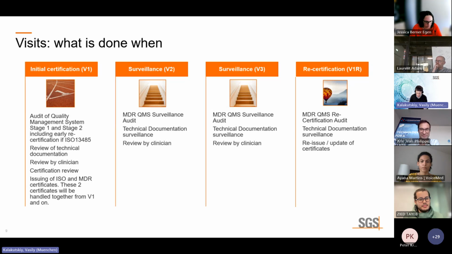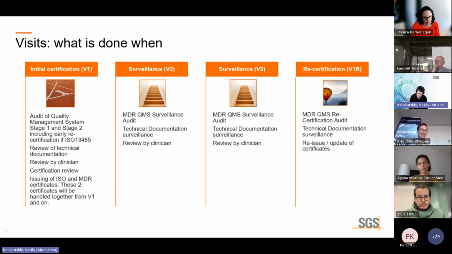So the clinical evaluation and post-market clinical follow-up, for example, are in Annex 14, then you can also look at the clinical investigations in Annex 15. This is all what we reviewed during the PMS.